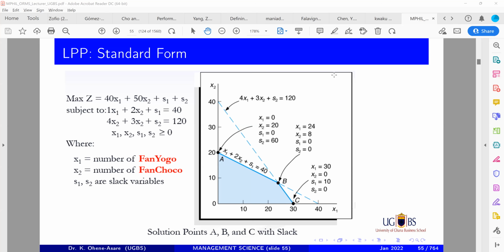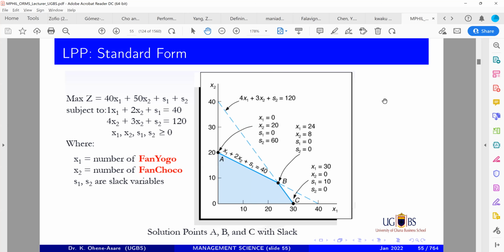Now, let me ask you something. As you look on the stage, I want you to educate me on something very, very tiny here. If you look at the formulation very carefully, you will notice something related to the production capacity.